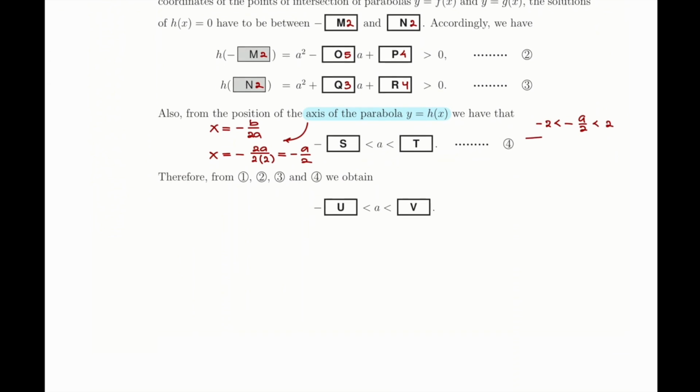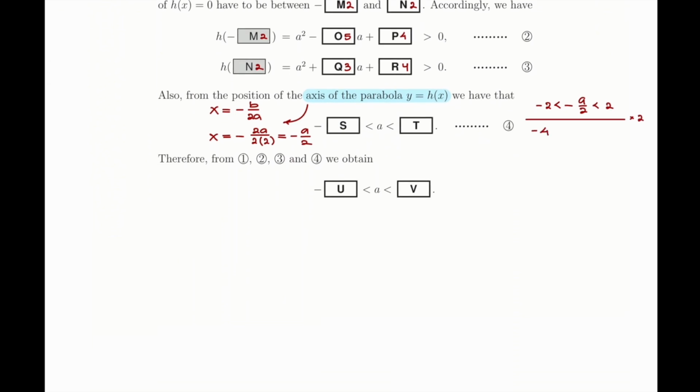If I multiply all the sides by 2, I will get negative 4 less than negative a less than 4, and then times negative 1, don't forget to flip the sign, we will get negative 4 less than a less than 4. Then a must be between negative 4 and 4. This is our S and P.